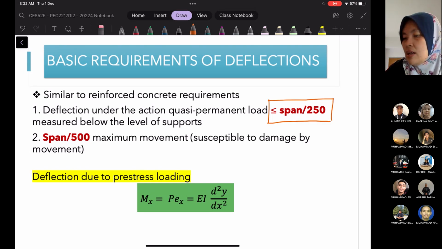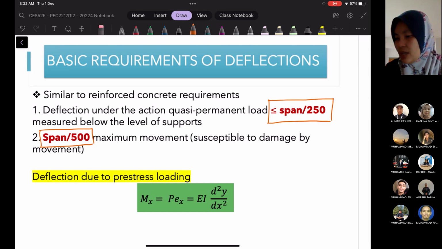Then we have another limit, which is span over 500, where the maximum movement is calculated, for members susceptible to damage by movement. So we are going to check with this limit as well, which is span over 500. So in terms of the calculation, we are going to have the deflection as well.